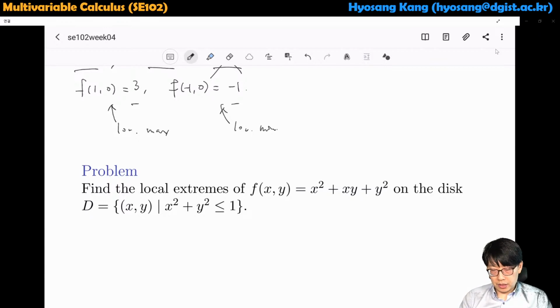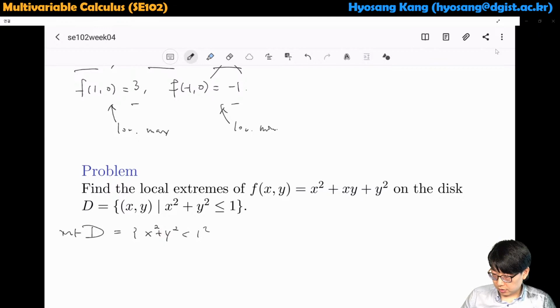The Lagrange multiplier, by the way, only finds a local extremum on the restricted set, which is the level set of some certain function. So I have to divide my disk into two parts. One is the entire region, which is, let's say, the interior of D, which is x squared plus y squared less than 1. And I have to assume that this is a subset of R2.